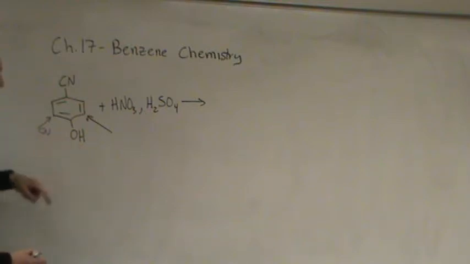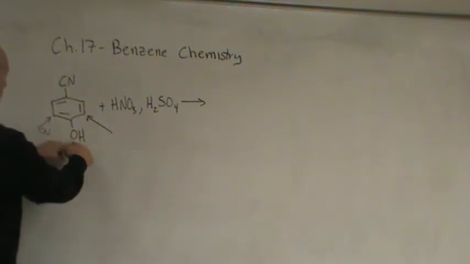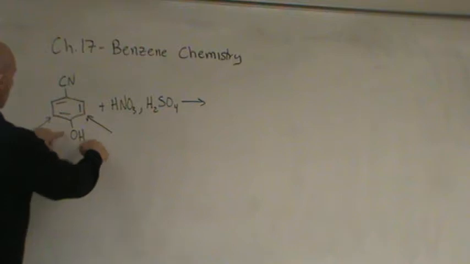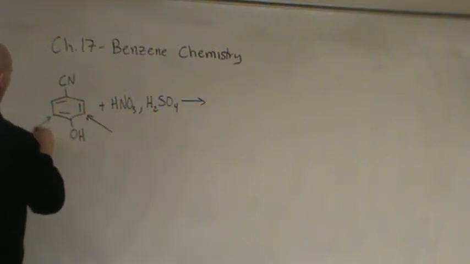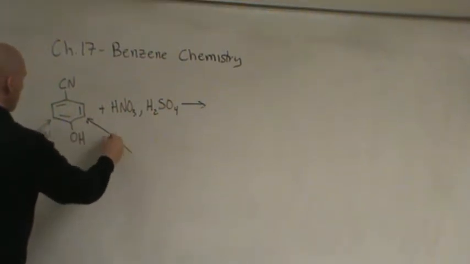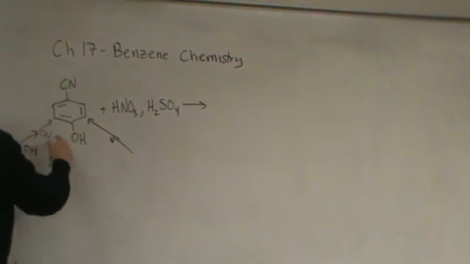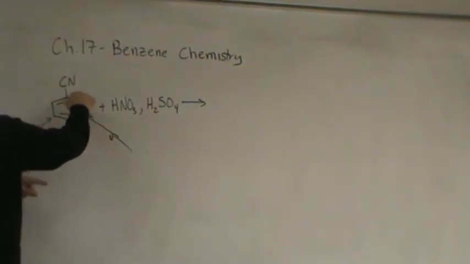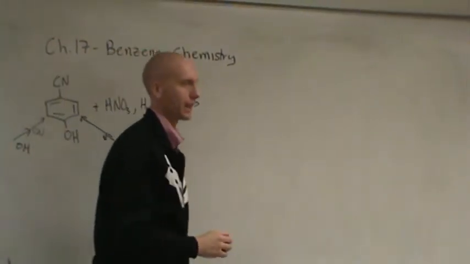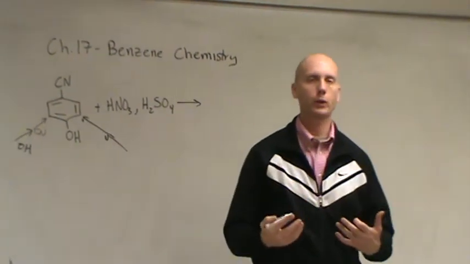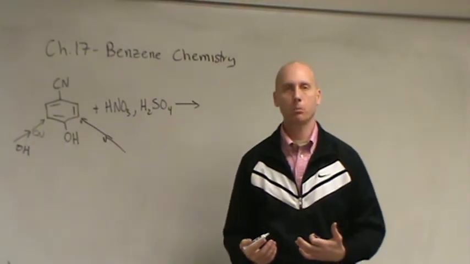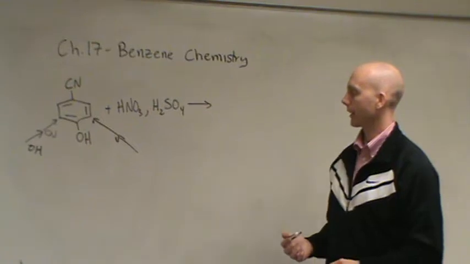That's an ortho-para. Well, where is ortho-para to it? Well, ortho right here. So OH is lining up there, and then para is up there where the CN is. Remember, I can only have one group on a carbon atom in benzene, so I can't add anything there.